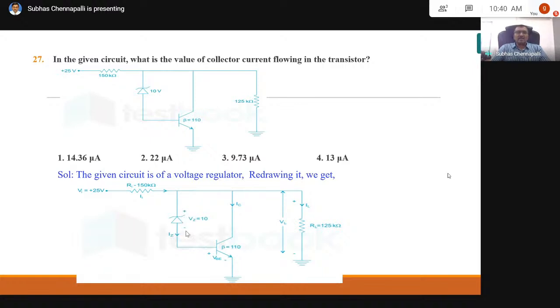So we take it as very less when compared to current flowing through IC and through IL put together, this current is very, very low. So you make it 0, then I is equal to IL plus IC, like that you have to calculate. Genuine values you can always assume, and if you take current through the Zener diode as 0 when data is not given, it is fine.